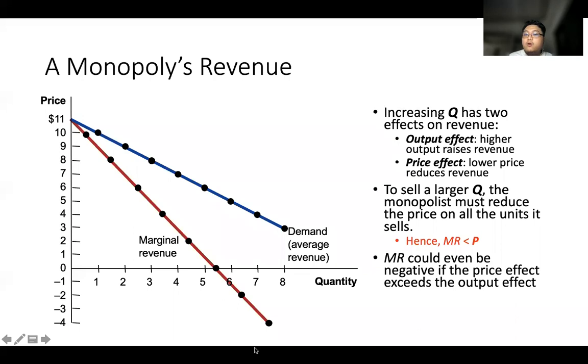To sell a larger quantity, the monopolist must reduce the price on all units it sells. Hence, marginal revenue is less than the price. Marginal revenue could even be negative if the price effect exceeds the output effect, right?